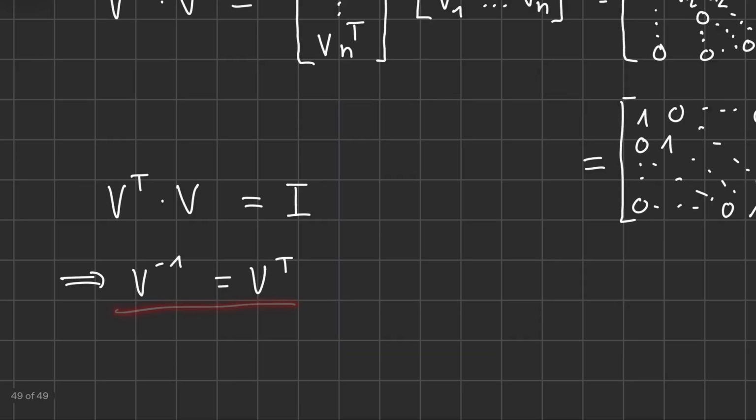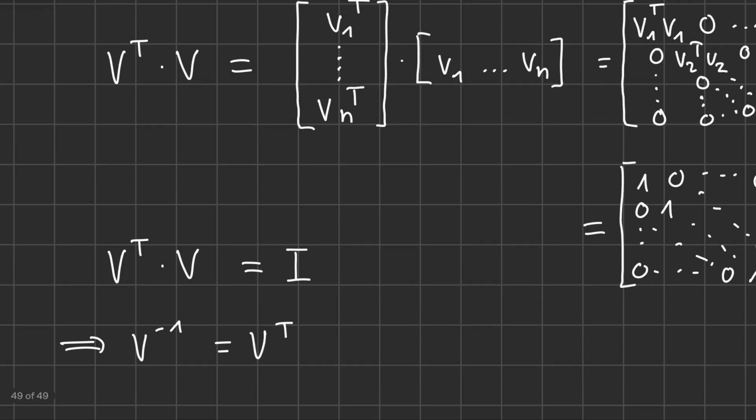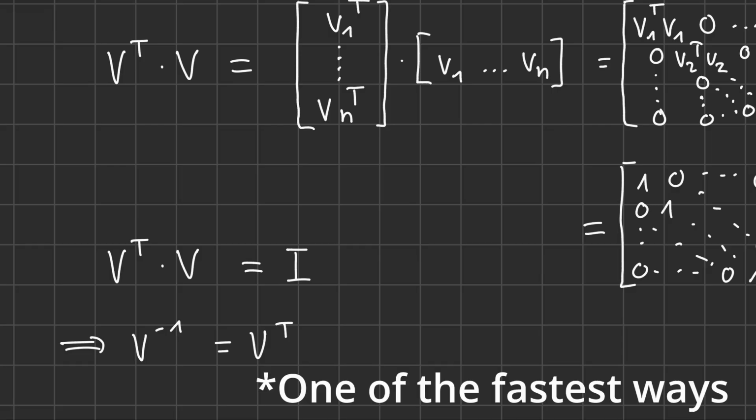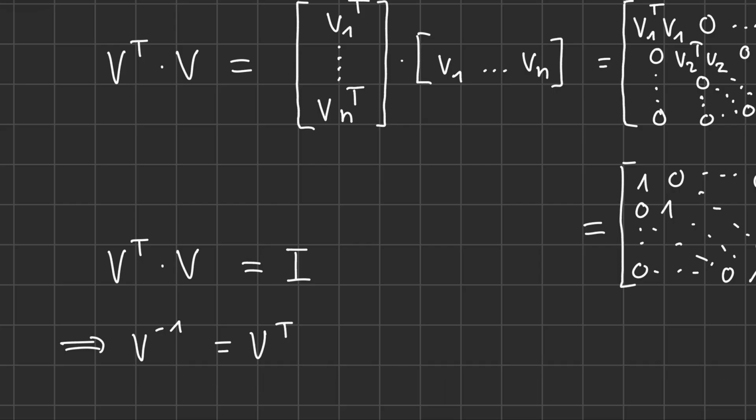And this is an incredibly powerful property of our matrix V, because a process of inverting our matrix, which would usually be very costly, has now been reduced to simply turning its columns into its rows. And that is such a trivial computation that this is the fastest way to invert a matrix if it is possible. So for an orthogonal matrix, matrix inversion is completely trivial.